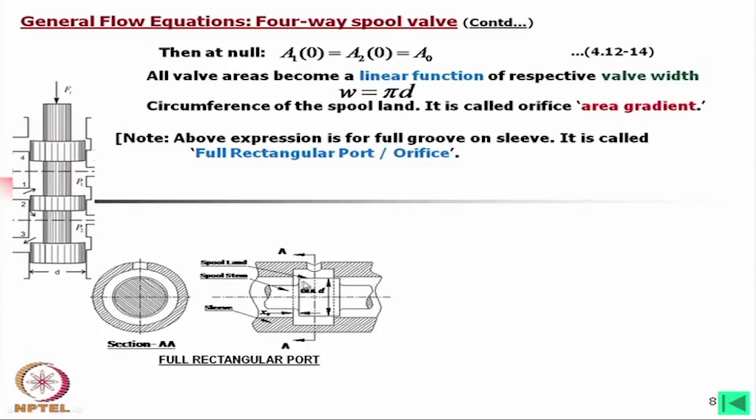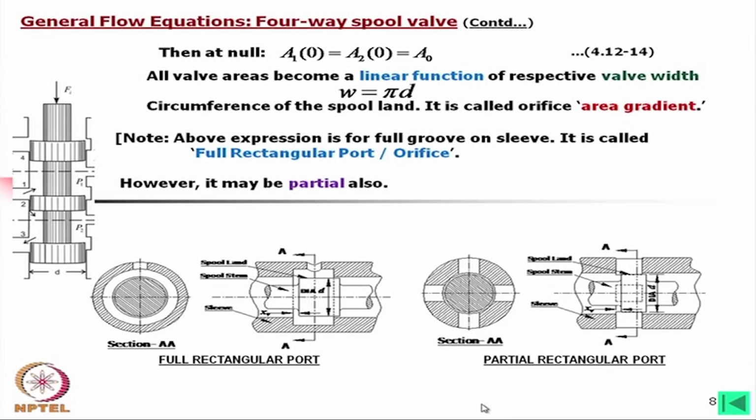While this valve is moving, we consider x b into pi d as the area of the orifice, and we call it a full rectangular port. However, it may be partial also. How is it done and why is it needed?